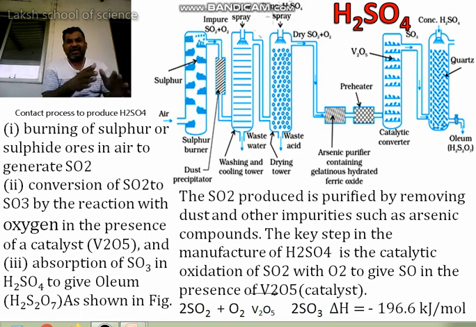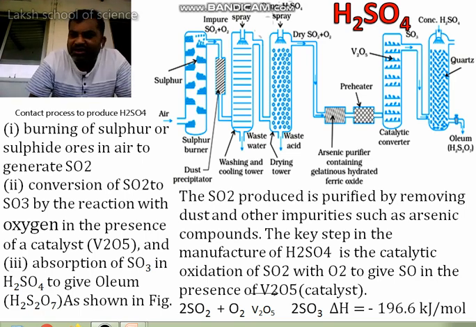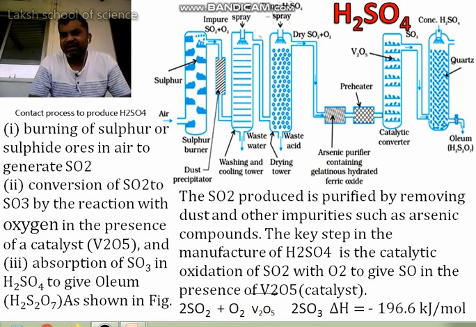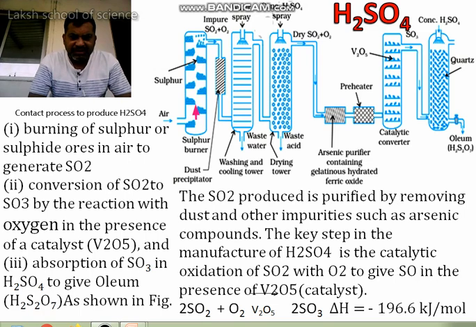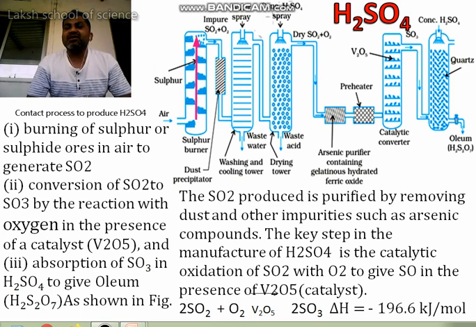This can be done by two processes: sulfur trioxide is added directly into water to get sulfuric acid, or SO3 is absorbed to give H2S2O7, and then diluting H2S2O7 with water we can get sulfuric acid. These 3 steps are involved in the preparation of sulfuric acid.